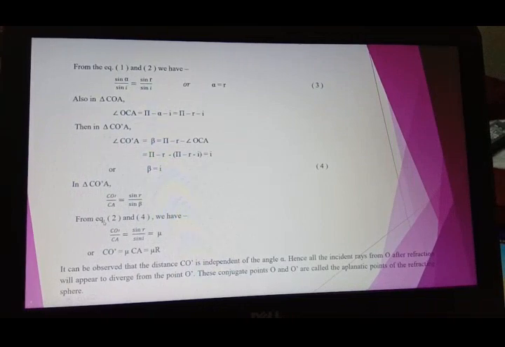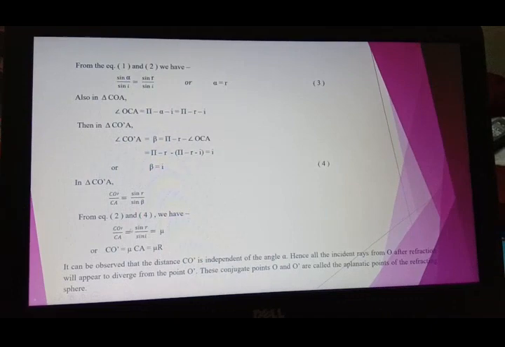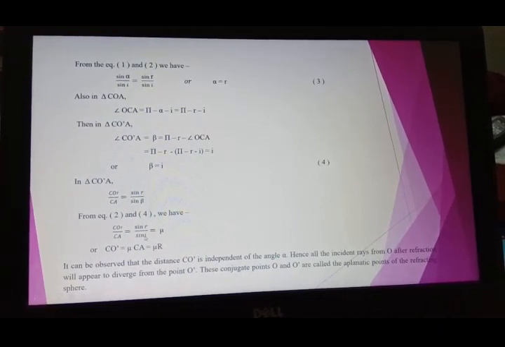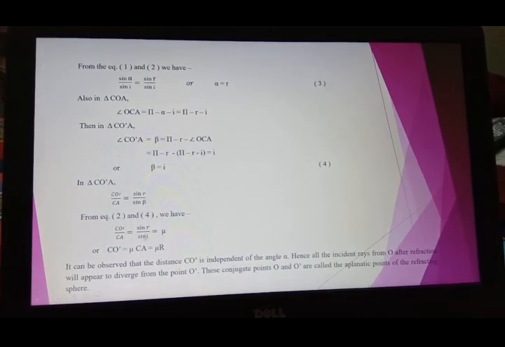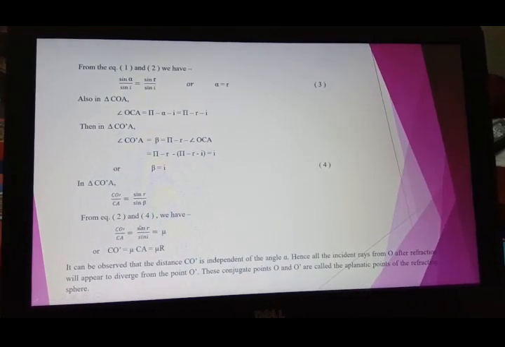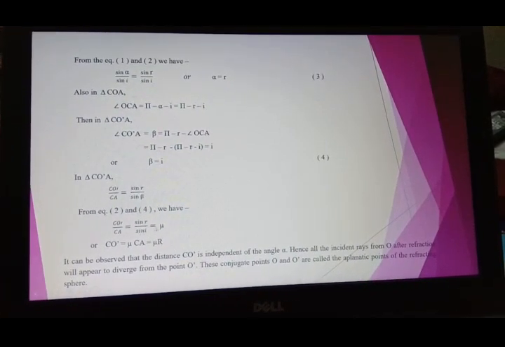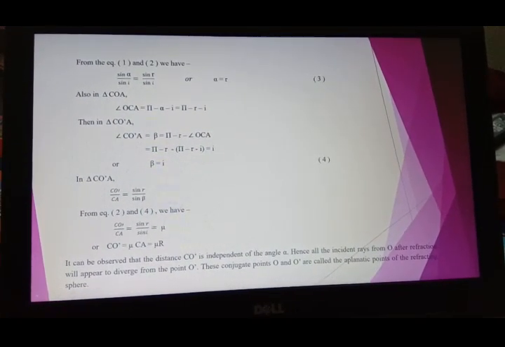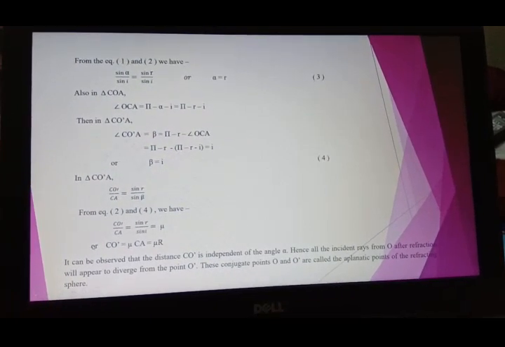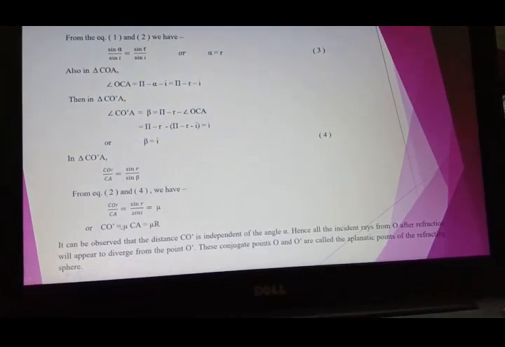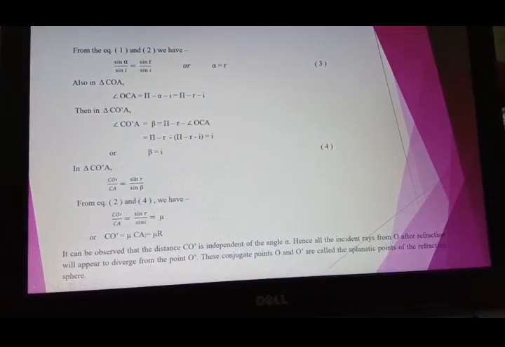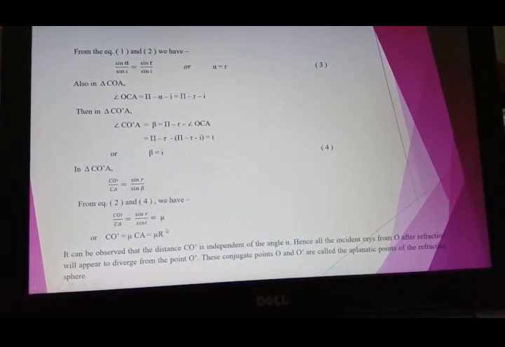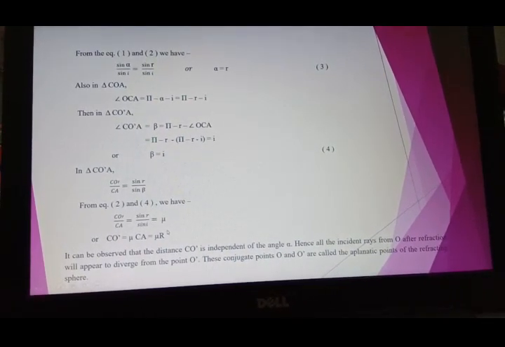So we write CO dash upon CA is equal to sin r upon sin i, because this beta is equal to i. And from equation 2, sin r upon sin i is equal to mu. Or we can write CO dash is equal to mu CA. This is equal to mu r, because radius r is equal to CA.